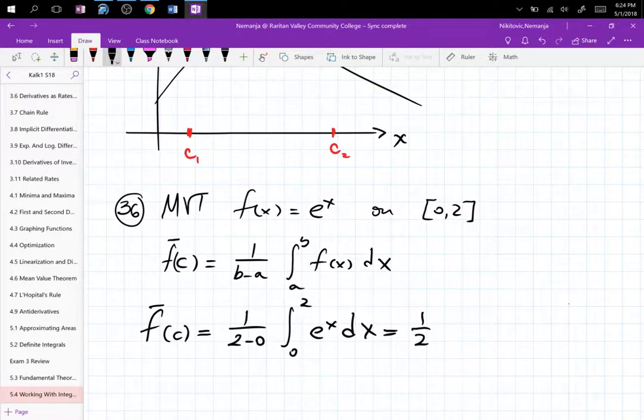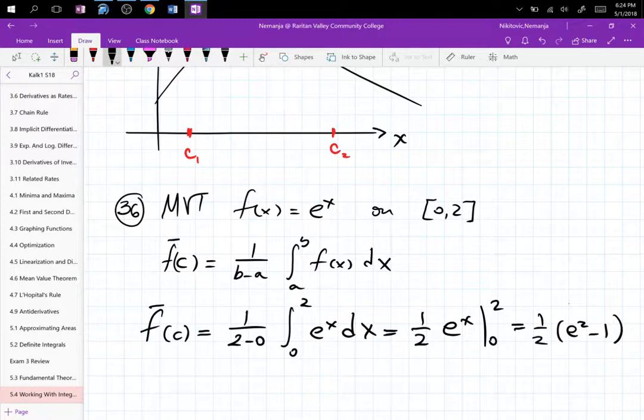So 1/2. What's the integral of e to the x? Very good. Computed from 0 to 2. So it's going to be 1/2 e squared minus 1. You have to compute at 0. This is e to the x. E to the 0 is 1.